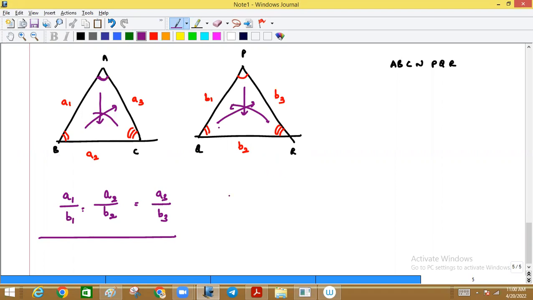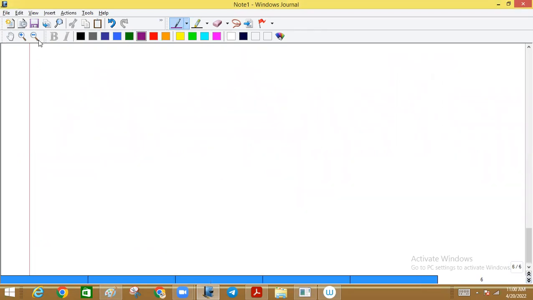Suppose, tell me any three angles whose sum is 180. Give me any three angles whose sum is 180. You can say 40. Another angle? 60.